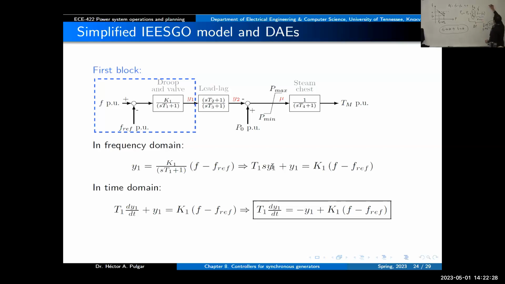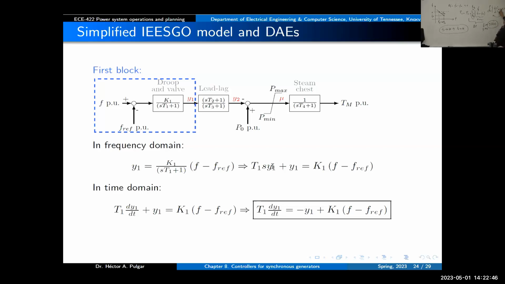So you need to remember that the Laplace transformation of a derivative is nothing else than the variable in the frequency domain multiplied by S. So the inverse is going to be the same.